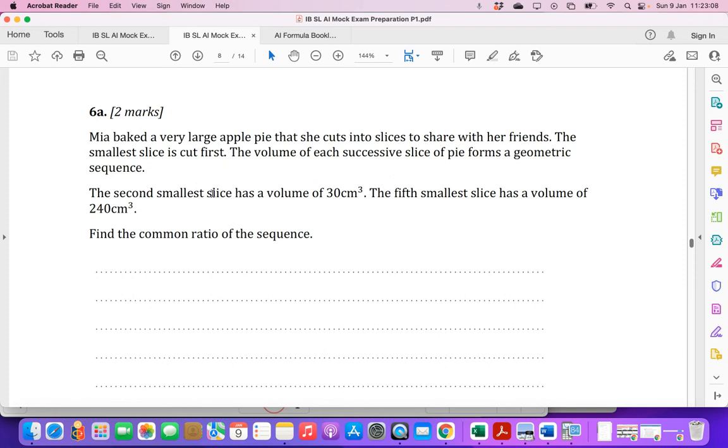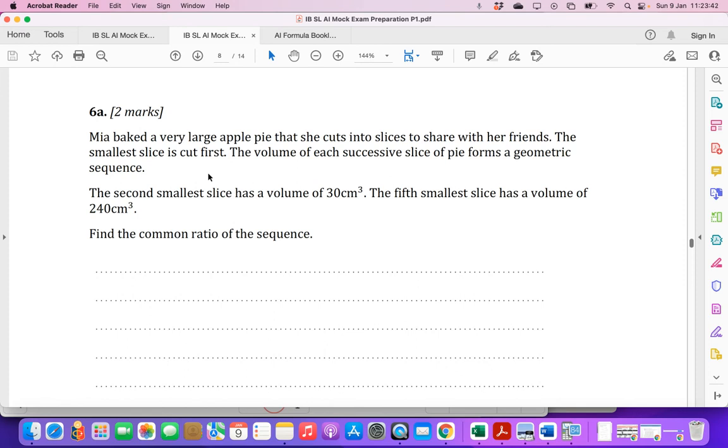So the first term, we don't know. The second term is 30, and then the fifth is 240. Okay, so the smallest, it goes from small to big.